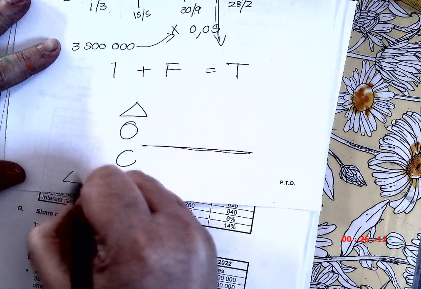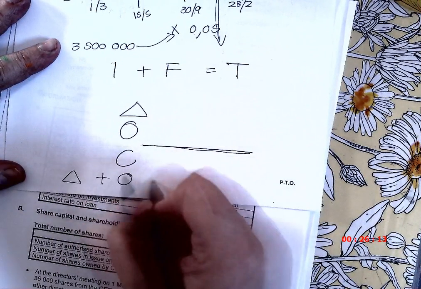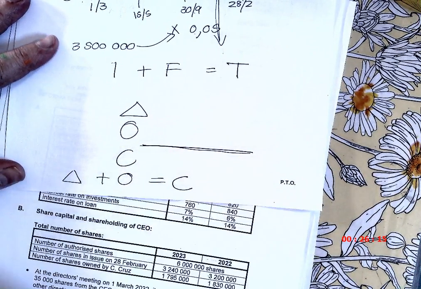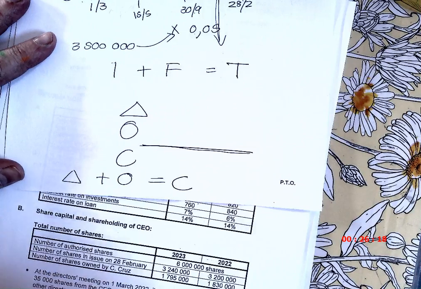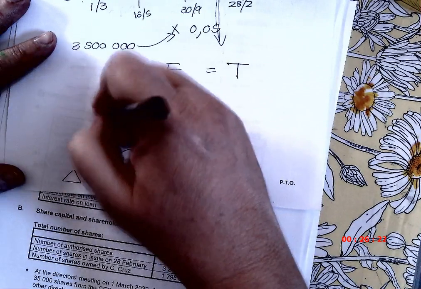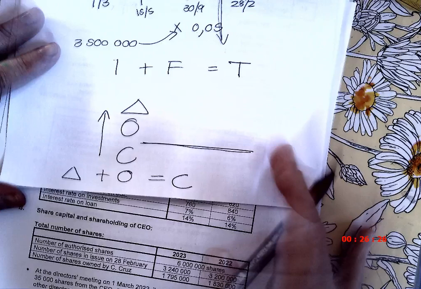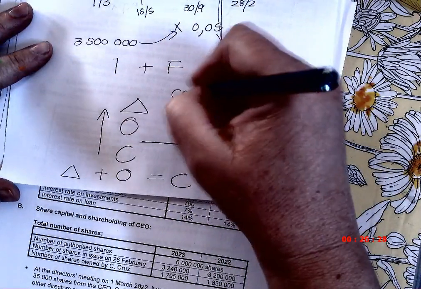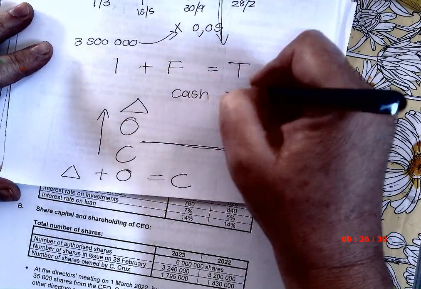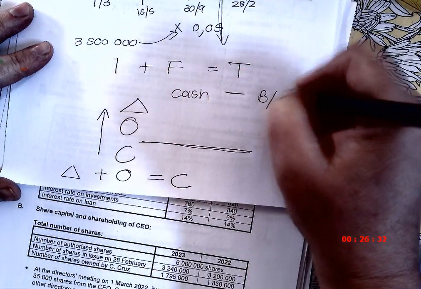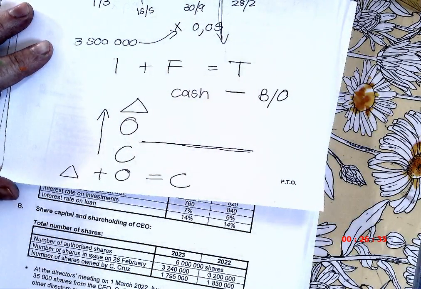Because the change and the opening gives you the closing, not the opening and the closing gives you the change. And then you reverse. When possible, you always reverse. Other thing you need to remember, you always take your cash and cash equivalents and your bank overdraft. Always, you go check for both.